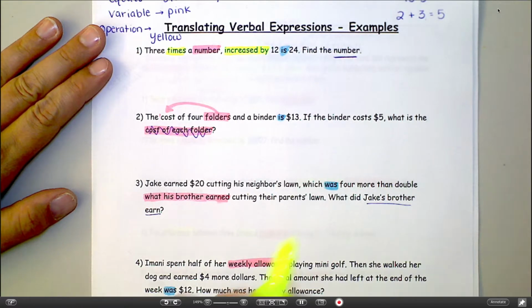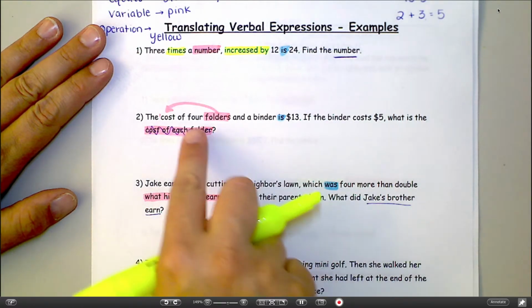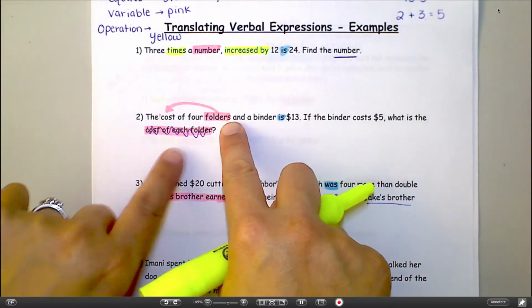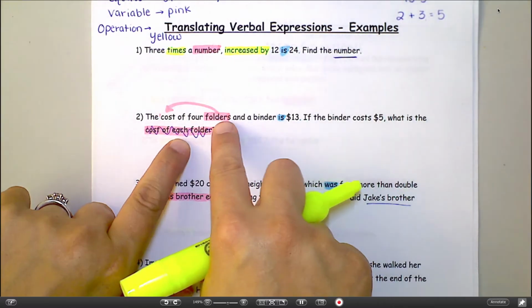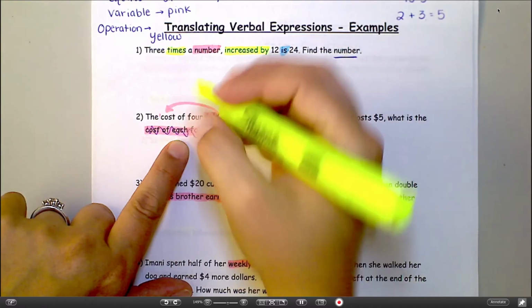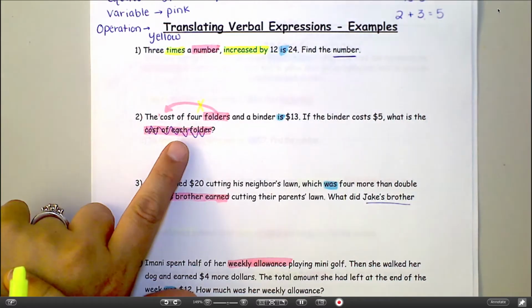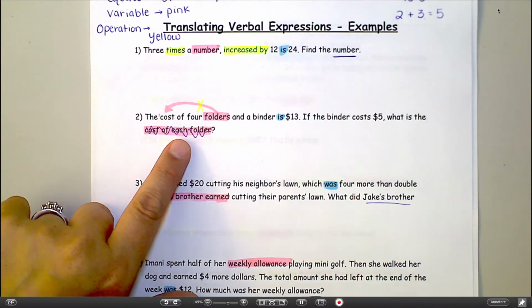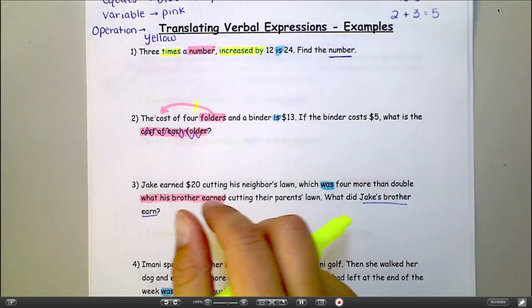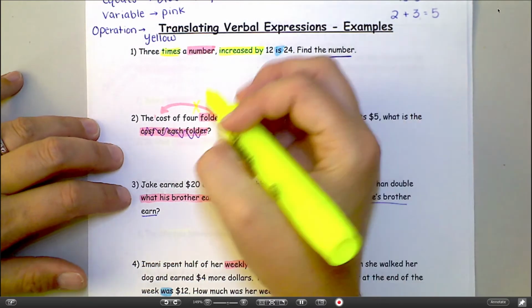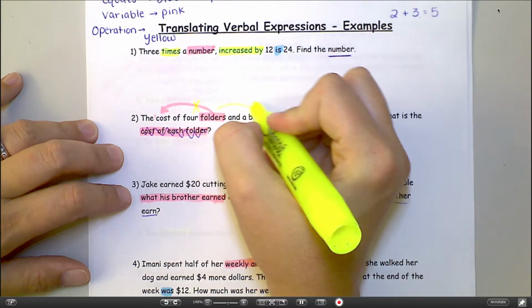First of all, the cost of 4 folders, and if I want each folder, I would be taking the cost of each folder and multiplying by 4. So there's sort of a multiplication implied there. That one's a tricky one for operation words, okay, because the cost of 4 folders tells me I'm going to do 4 times the cost of each folder. And then I'm putting that together with a binder.